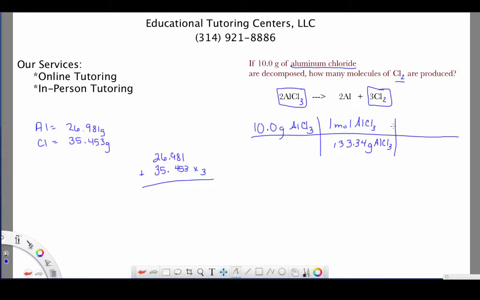So that's what we're solving for, and we want to get all the aluminum chloride out of our problem. So I'm going to put my 3 moles of Cl2 over the 2 moles that we have of aluminum chloride.